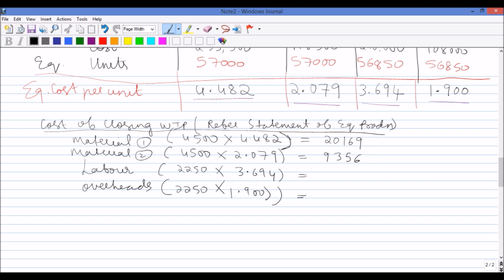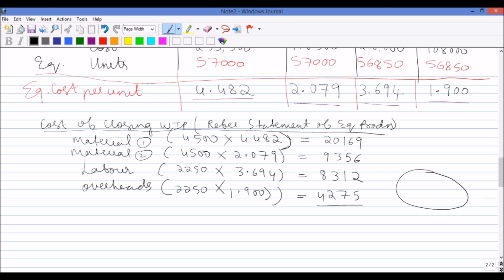Then 2250 into 3.694 is going to give me 8312, and 2250 into 1.9 is going to give me 4275, and then I'm going to get the total.